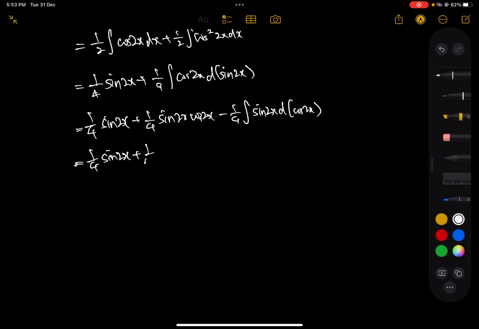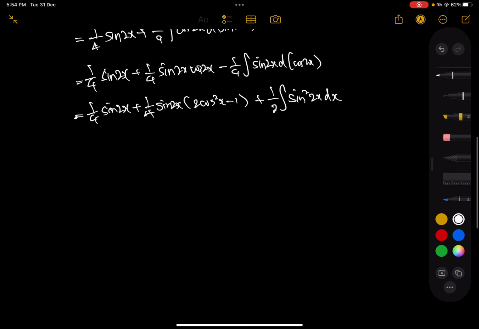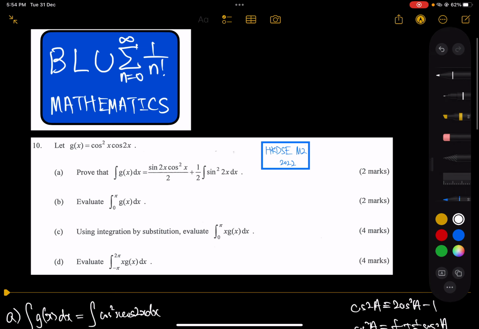So this is 1 over 4 sine of 2x, 1 minus, it should be 2 cosine squared of x minus 1, minus 1 over 2 of sine squared 2x dx. That should be a plus. Here, this thing is just sine 2x cosine squared x over 2 plus 1 over 2 sine squared 2x dx. And then that's it. That's part A.